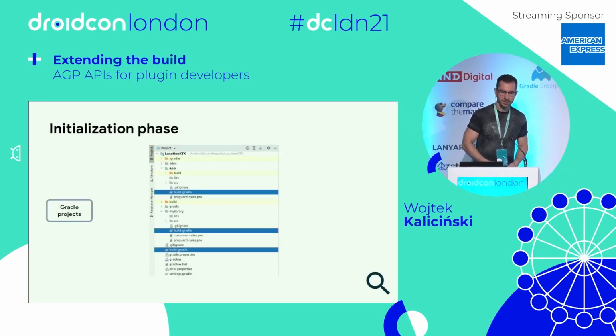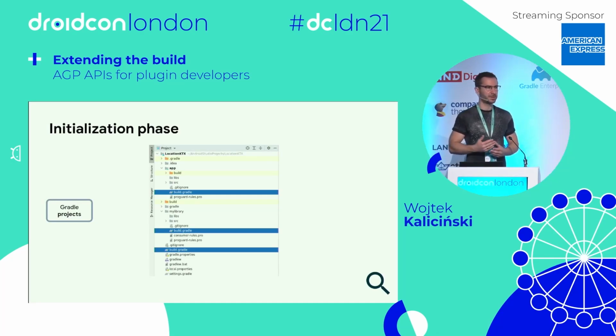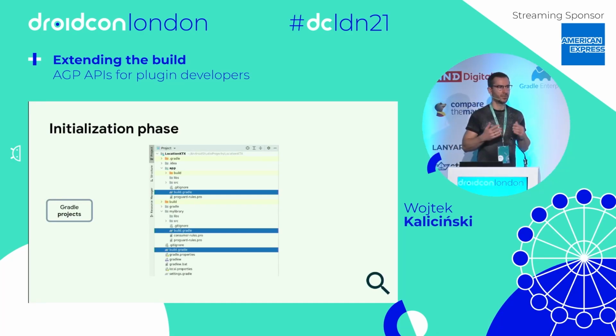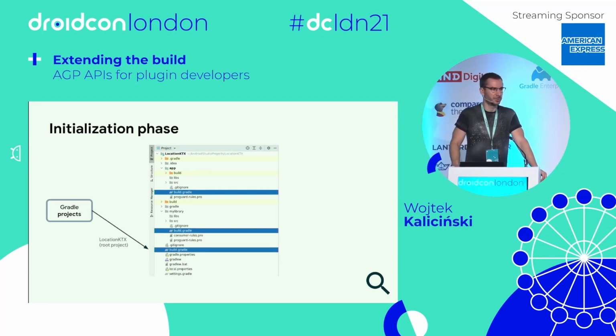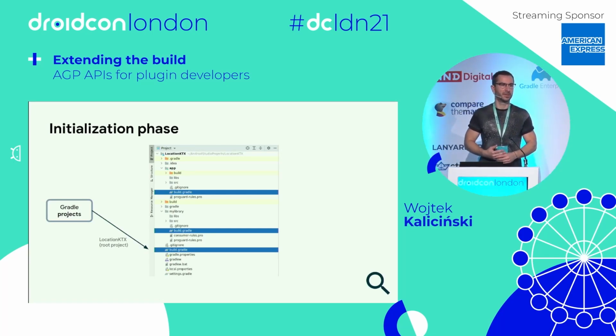So what's initialization? This is the phase where Gradle tries to figure out what the project is, what am I doing, what kind of modules there are. In the simplest case, it just looks for a build.gradle file in the folder where you run it. In the case of a single project build, that's the only project that you have.